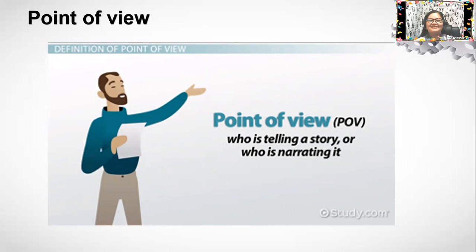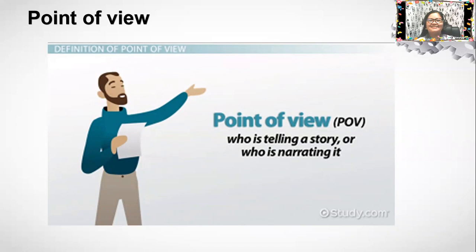Point of view, or POV, is who is telling a story or who is narrating it. In specific terms, it is the perspective from which a story is narrated. Every story has a perspective, though there can be more than one type of point of view in a work of literature.